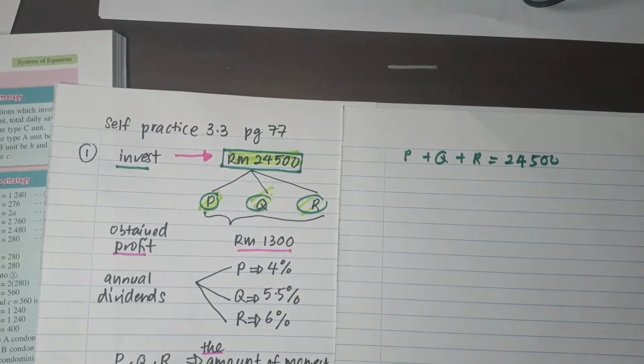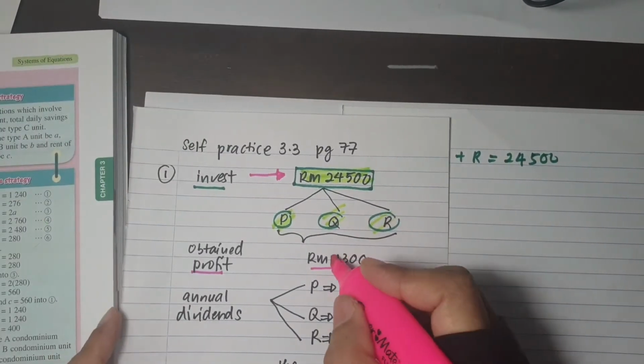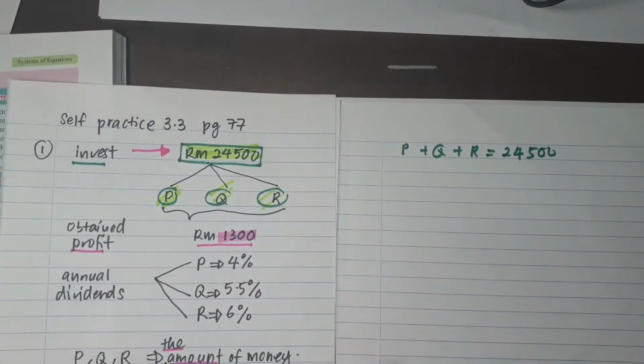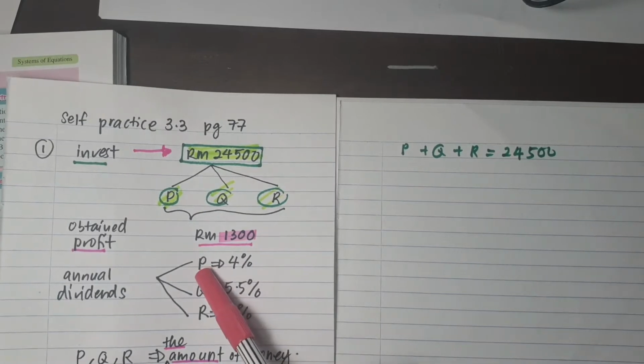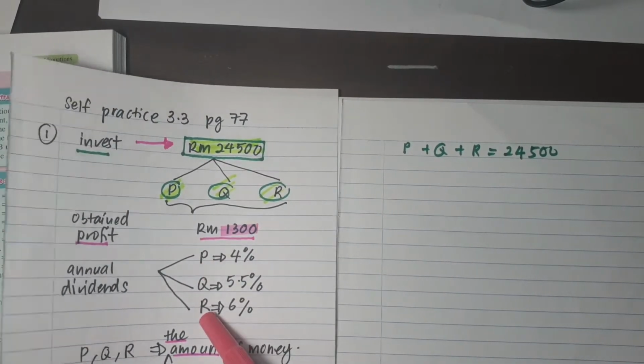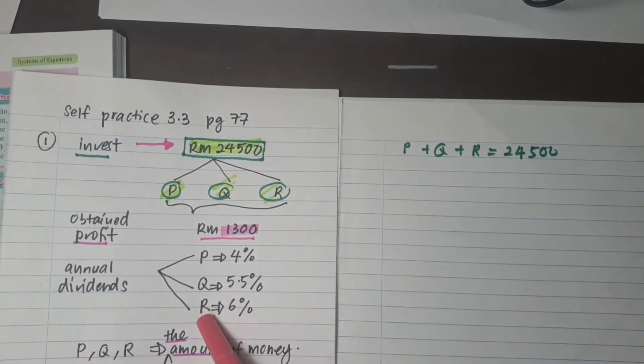And then ada dalam soalan kata, she obtained a profit of RM 1,300. Macam mana dia dapat, so a profit tu comes from this account P, Q and R. So how to get the profit, macam mana?